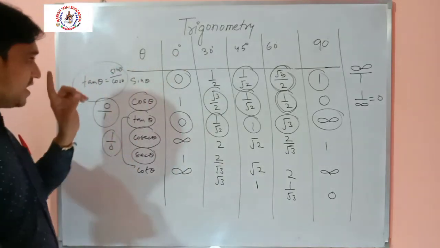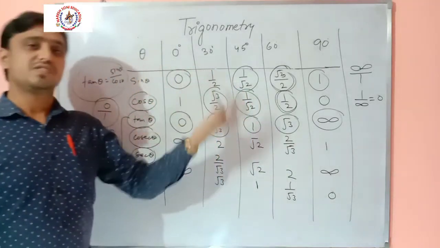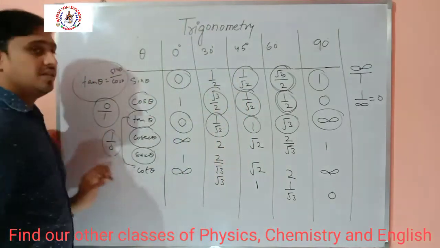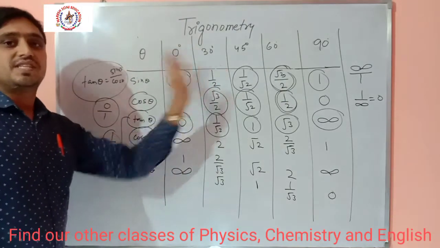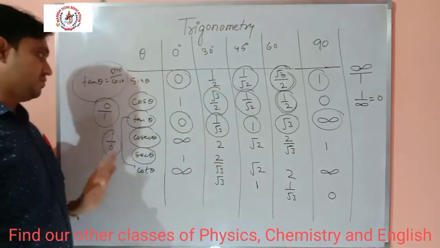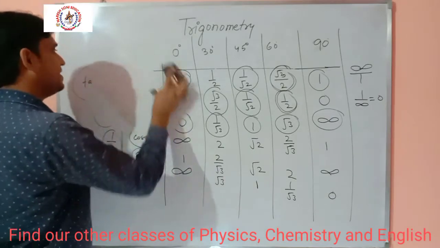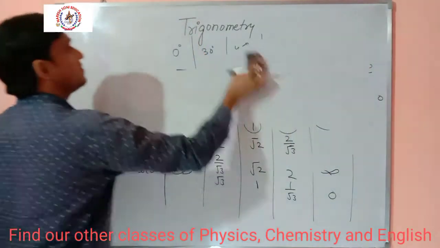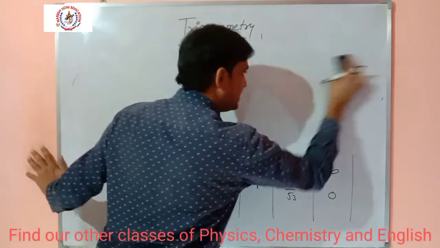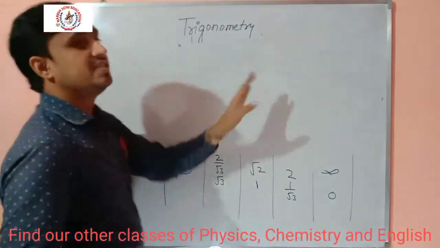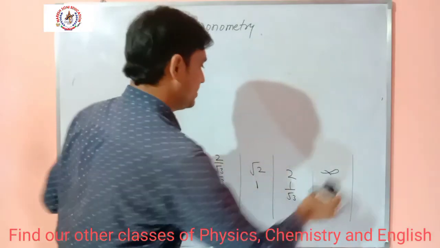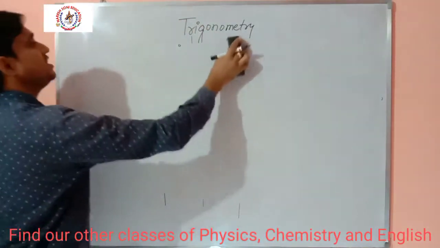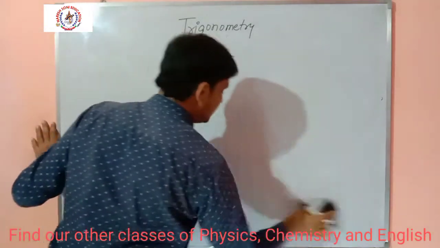Understood? We'll use these values in the questions, right? So these are some specific trigonometric ratios. After that, we can take some examples about these trigonometric ratios. One example, let me tell you, and then we'll go to some specific trigonometric identities.